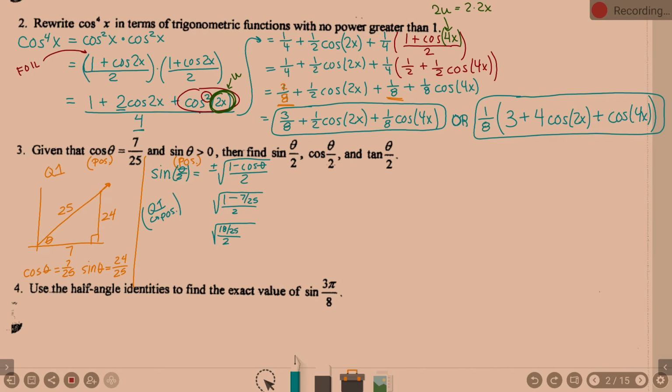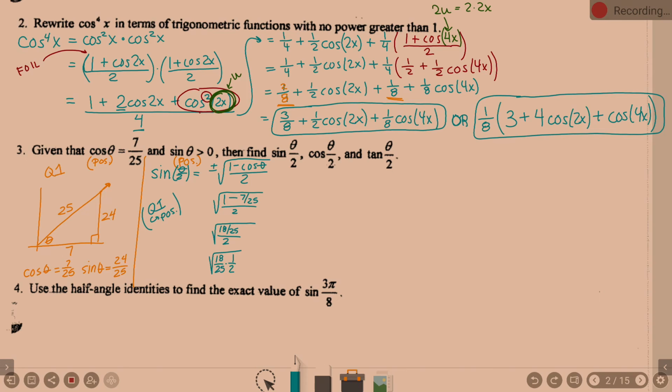Keep, change, flip. Instead of dividing by 2, it's going to be multiplying by 1/2. Dividing by 2 is multiplying by 1 over 2.